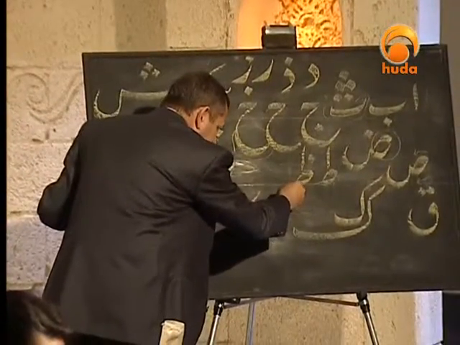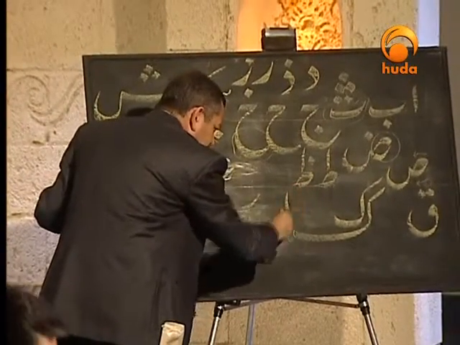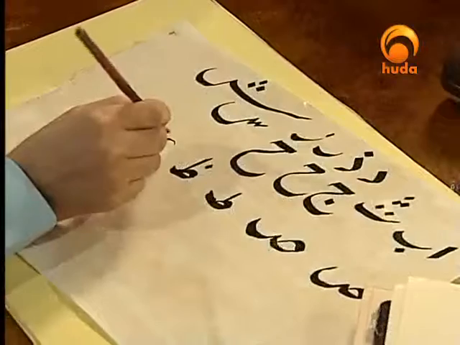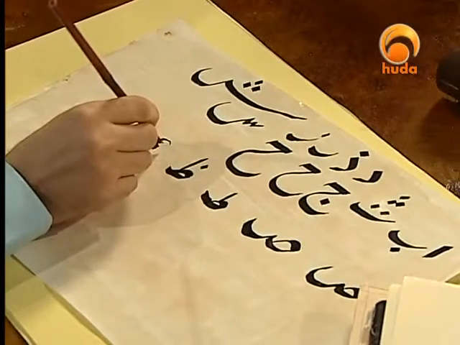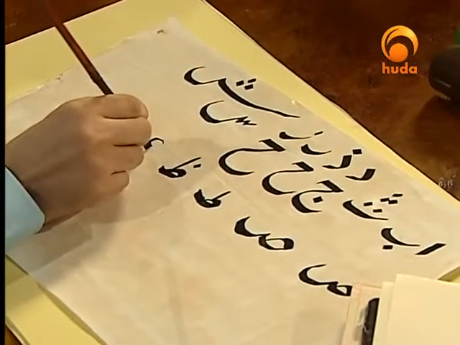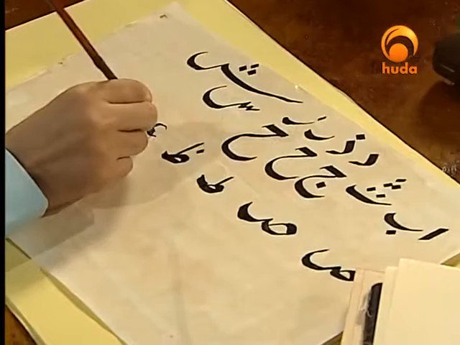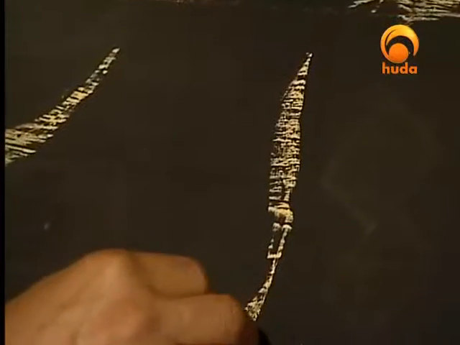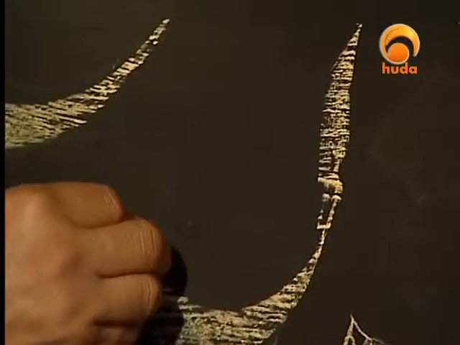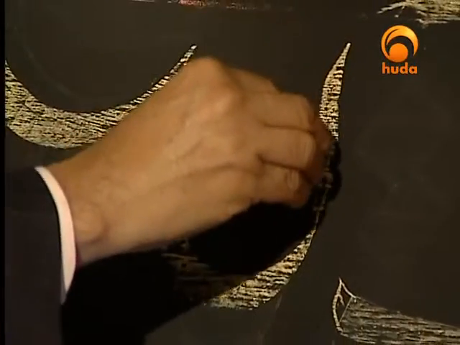Lam letter starts like alif, and the same body of jim or ha or kha or sin or qaf or sad or dad. So we just join here the same body of those letters. It looks like this.